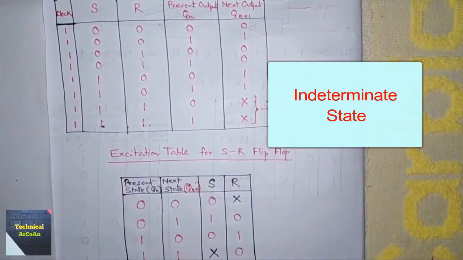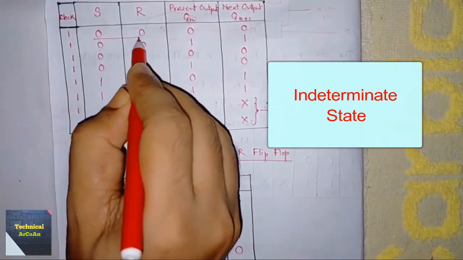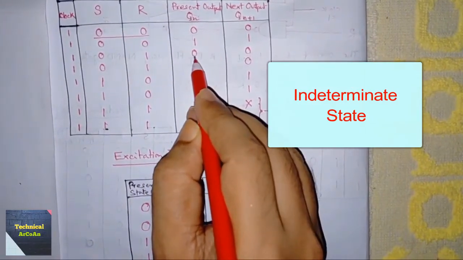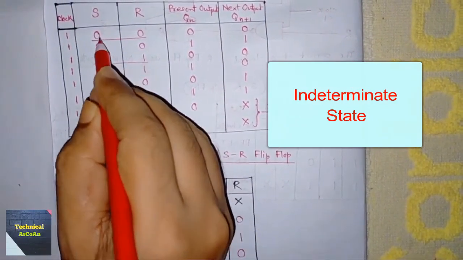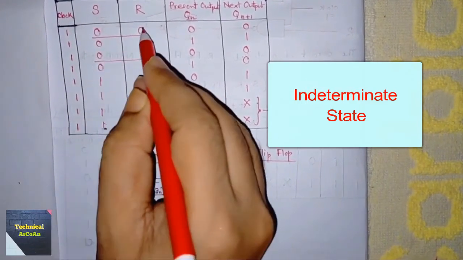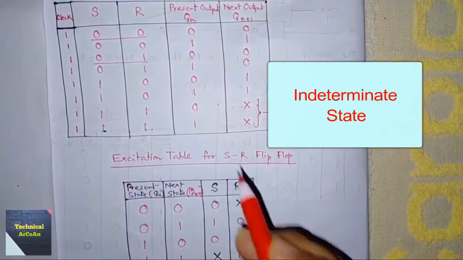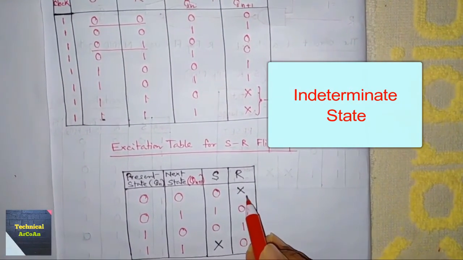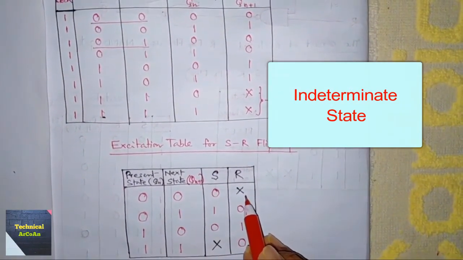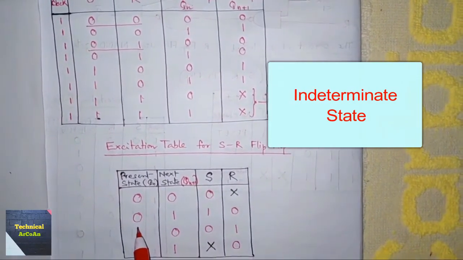So in that case SR is 0 0, with present output 0 and next output 0. There is also SR 0 1. That means the S value is the same but the R value is changed from 0 to 1. So S value is 0 and we take a don't care condition for R, because it changes from 0 to 1.